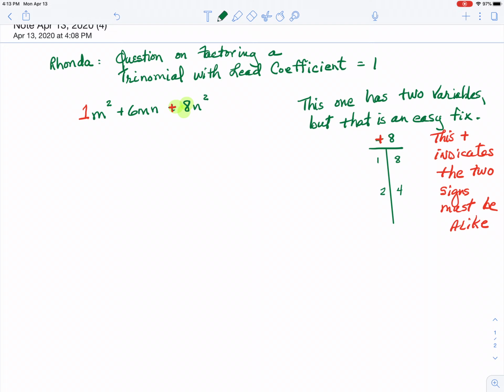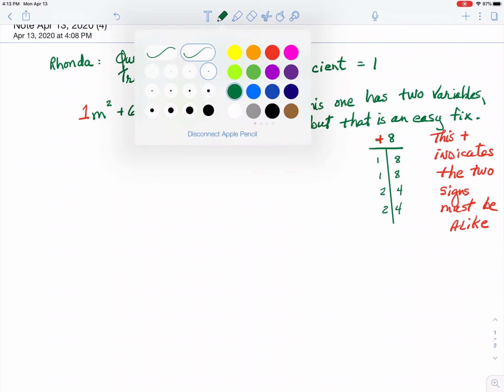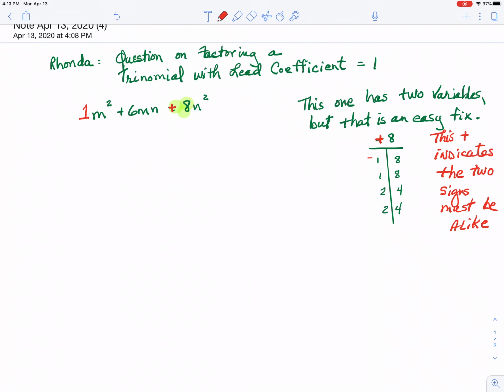But to talk about signs here, I'm going to write these pairs of factors in here 2 times and show you that I can either make them both positive, that multiplies to give me a positive 8, or I can make them both negative, that still multiplies to give me a positive 8. Same thing on these two numbers. They can either both be positive or they can both be negative.